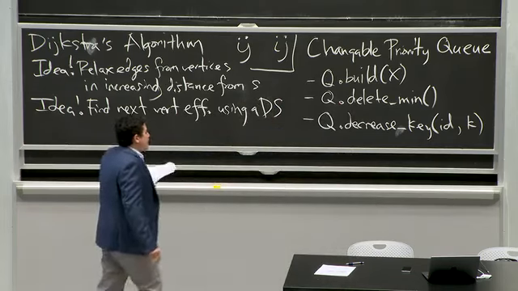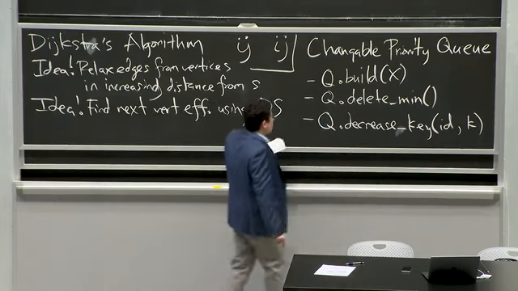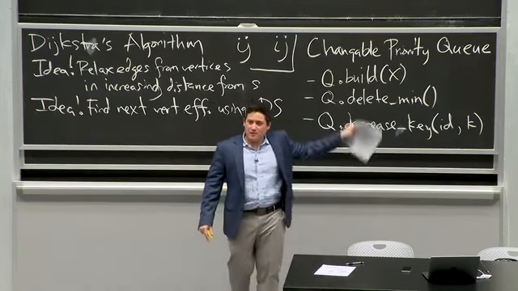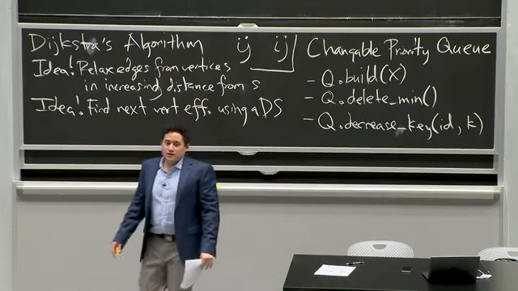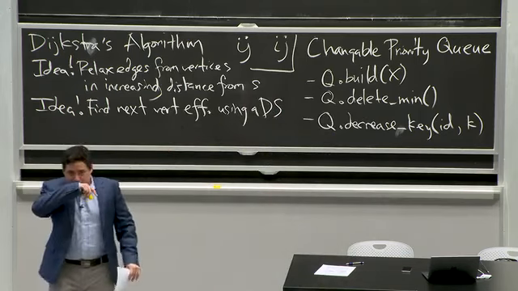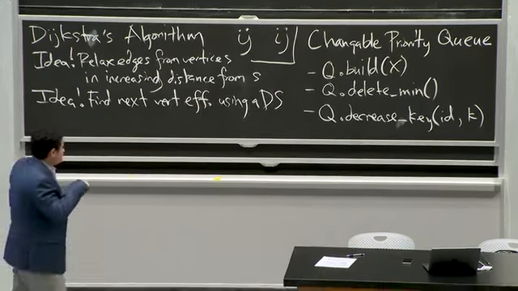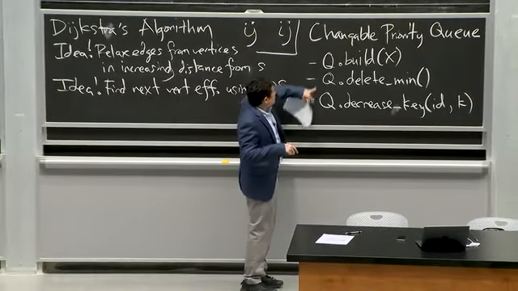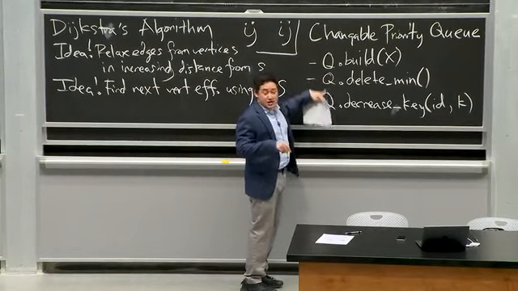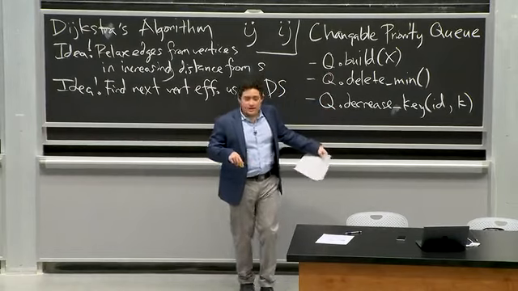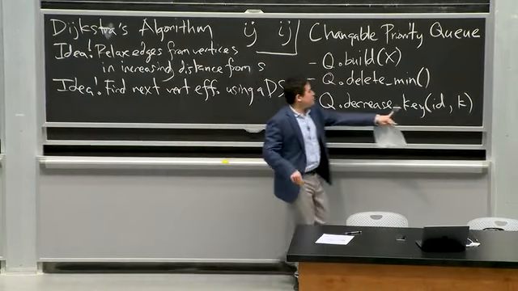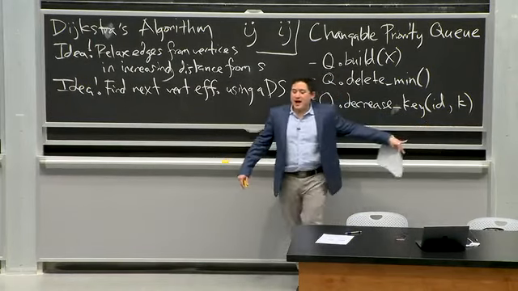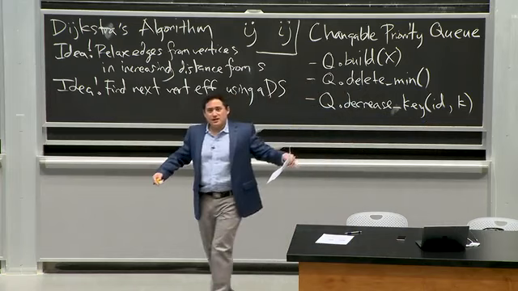If I had a priority queue, not a changeable priority queue, and I wanted to implement a changeable priority queue, how could I do it? Well, a regular priority queue is already going to get me these 2 operations. It's just this one. I essentially need to find something by an ID and then update its key.